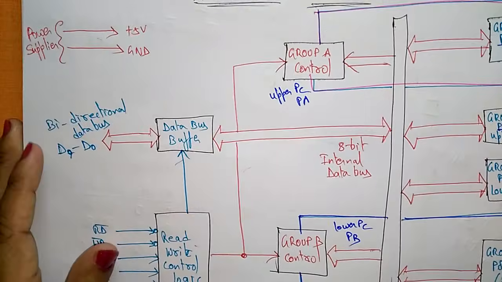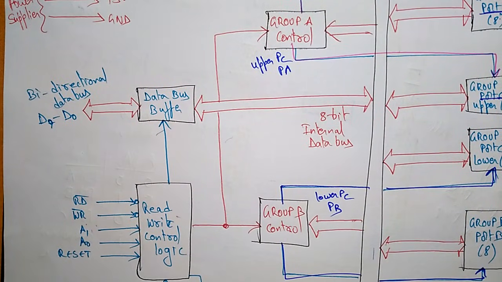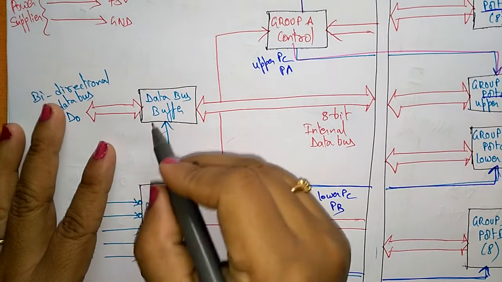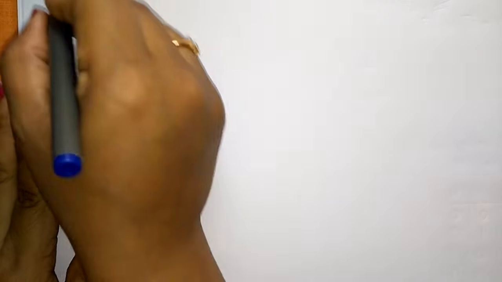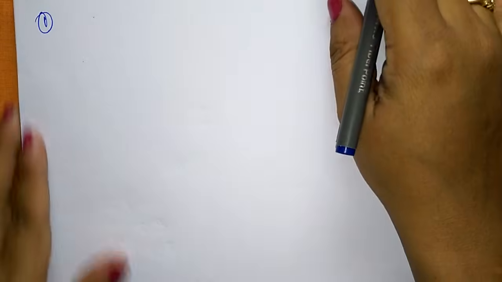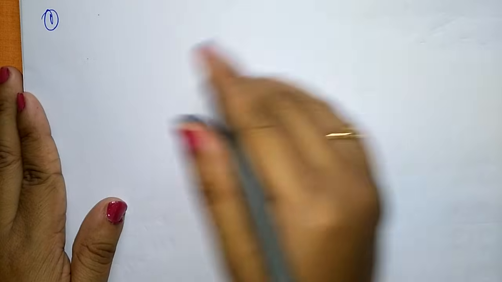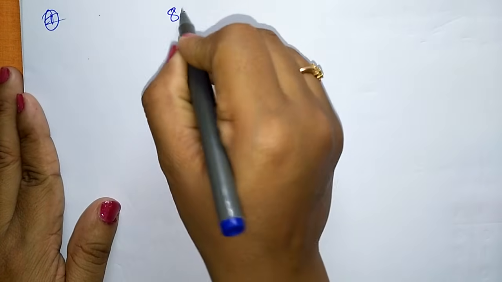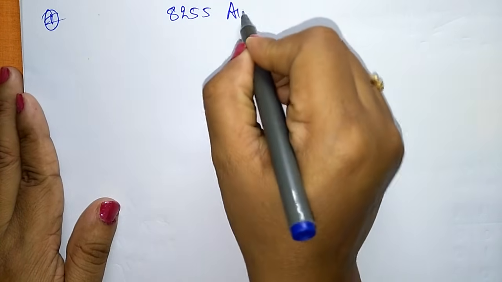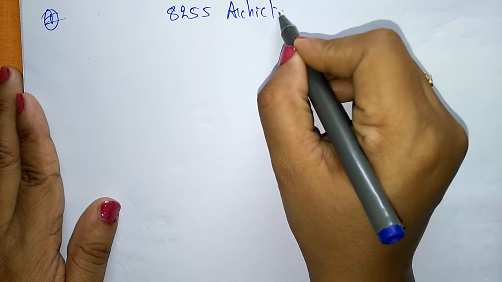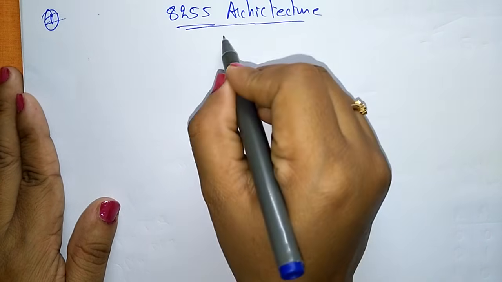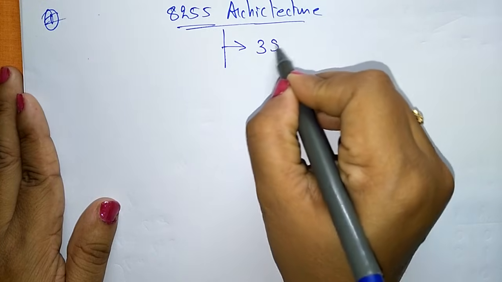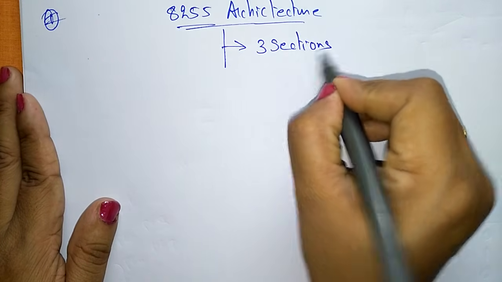Now let us discuss each and every component clearly. First we have to discuss the data bus buffer. Let me write that. This complete 8255 architecture is divided into 3 sections. What are those?